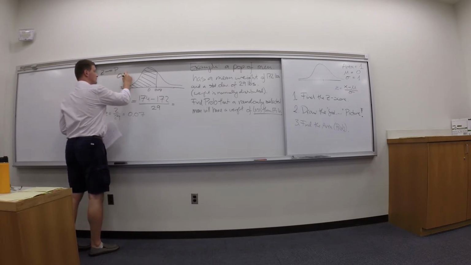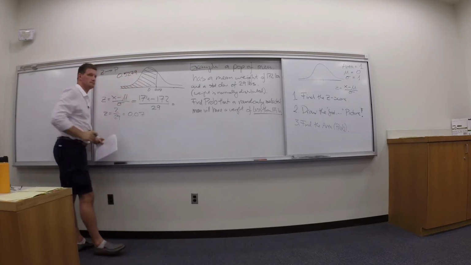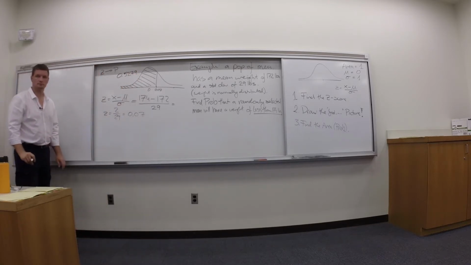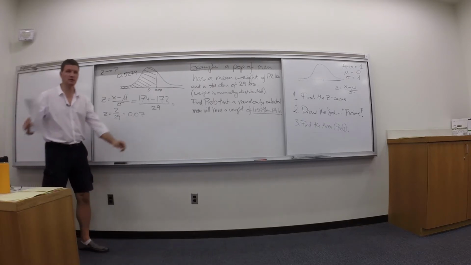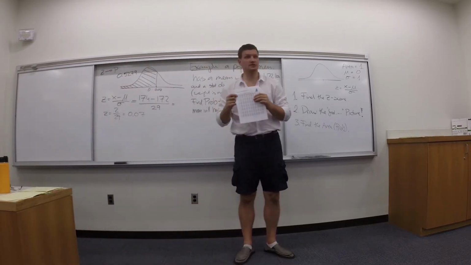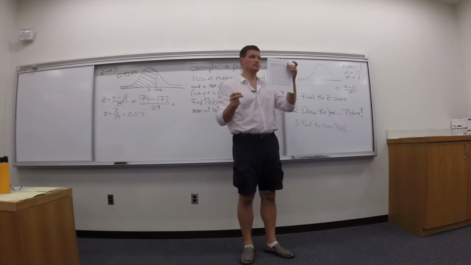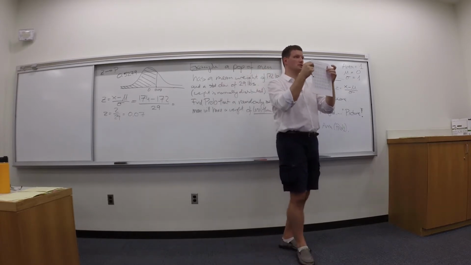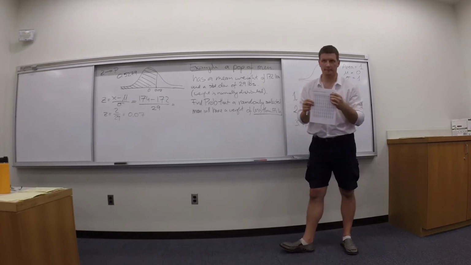If we look at the probability, that's the probability. How do we do it? Again, I look at the table and I go, what am I looking for? 0.07. So I'm looking at the first row, 0.00, and then I'm looking for a 7. Right? The very top.